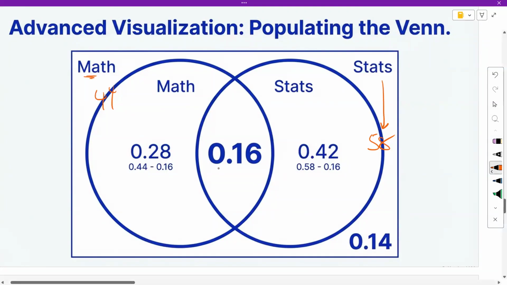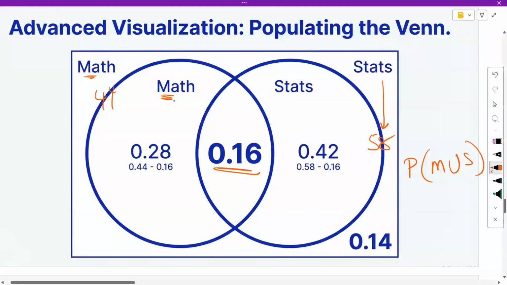For both, 16%. So the question is the probability of getting maths union statistics. Probability of getting maths, plus probability of getting statistics, minus both, so it covers all the area.